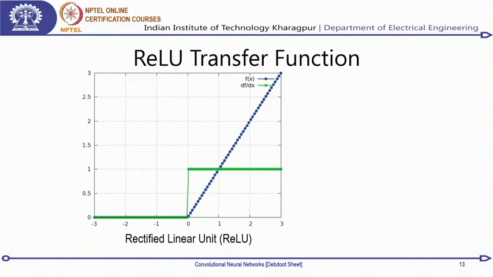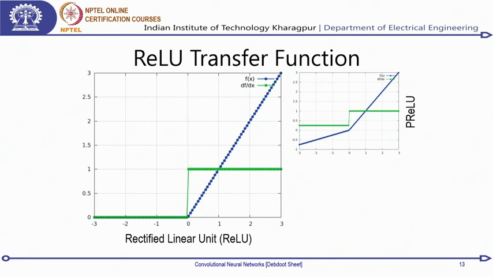There is not much of an issue to solve over there. If the input is 0, the derivative is 0. If the input is positive, the derivative is 1. So computationally it makes things much more tractable when you are doing backpropagation via the derivative. This is an advantage, and it is a very commonly used transfer function within convolutional neural networks.